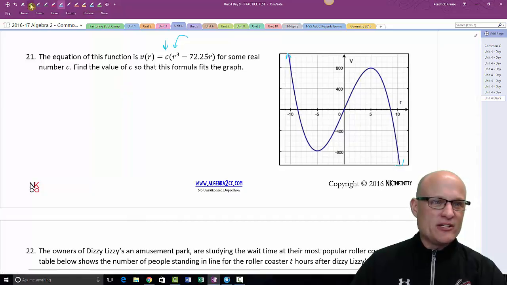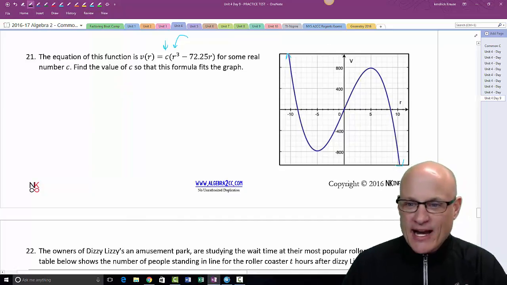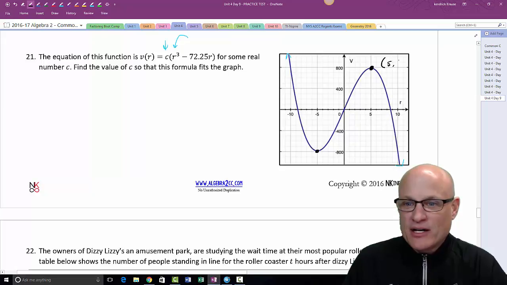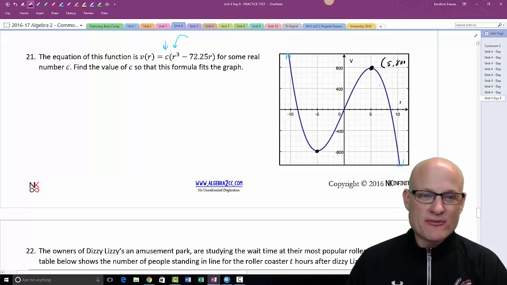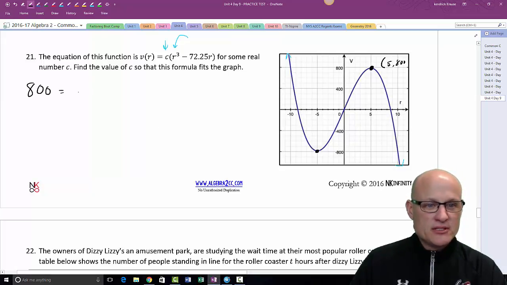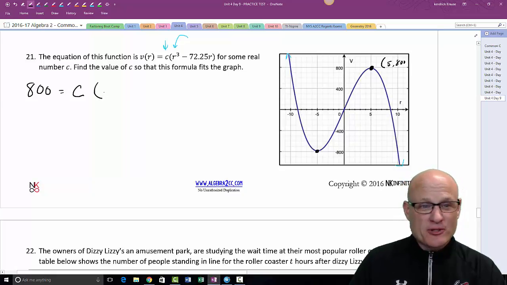So I need to find a very useful point, and I'm going to pick this one. I could pick this one, but that's negative, and this one's positive. This is the point 5, 800. So I want to find out what C is. So in for V, I'm going to put in 800. I don't know what C is. In for r, I'm going to put 5.